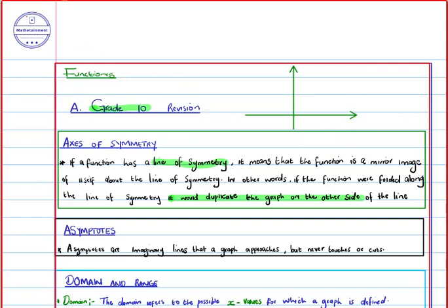So this is our graph. This is a parabolic function.